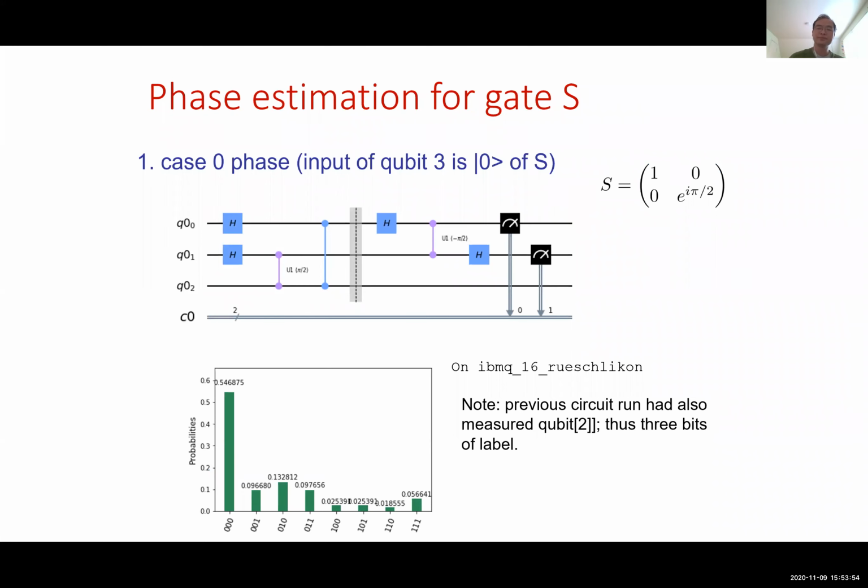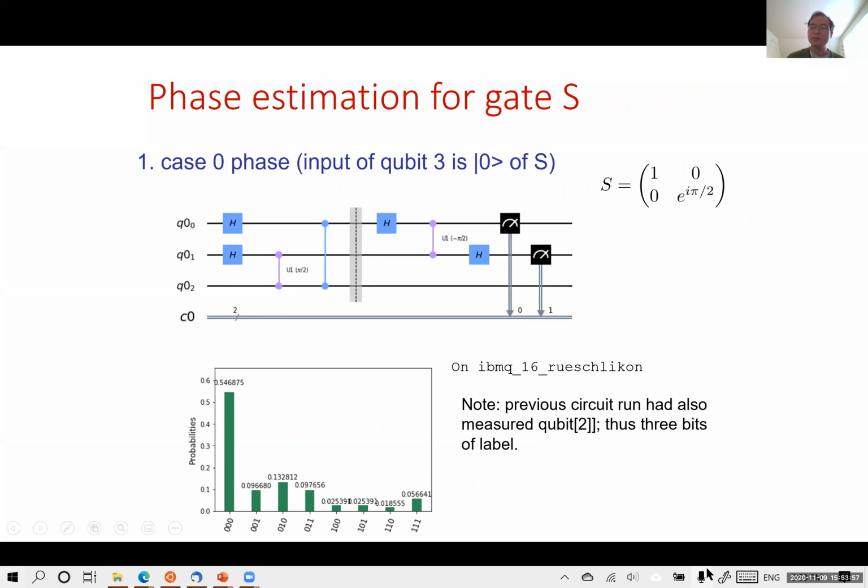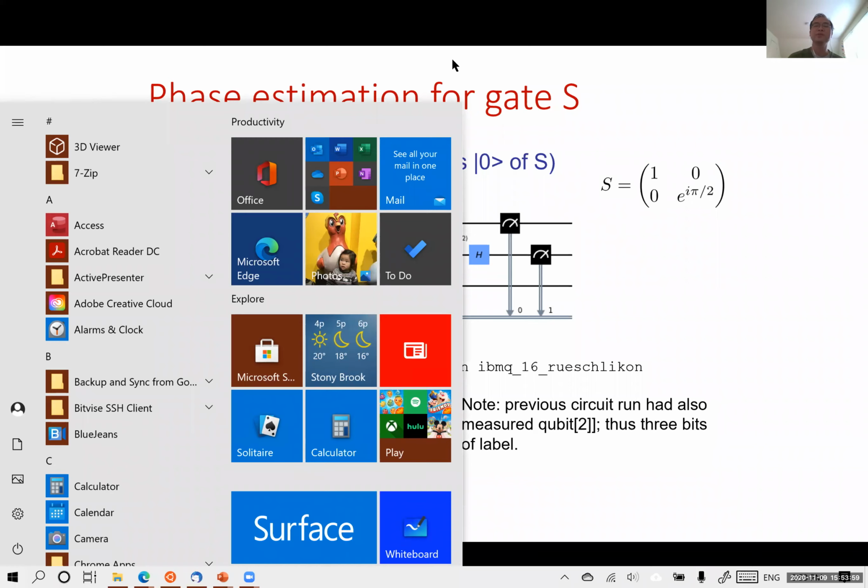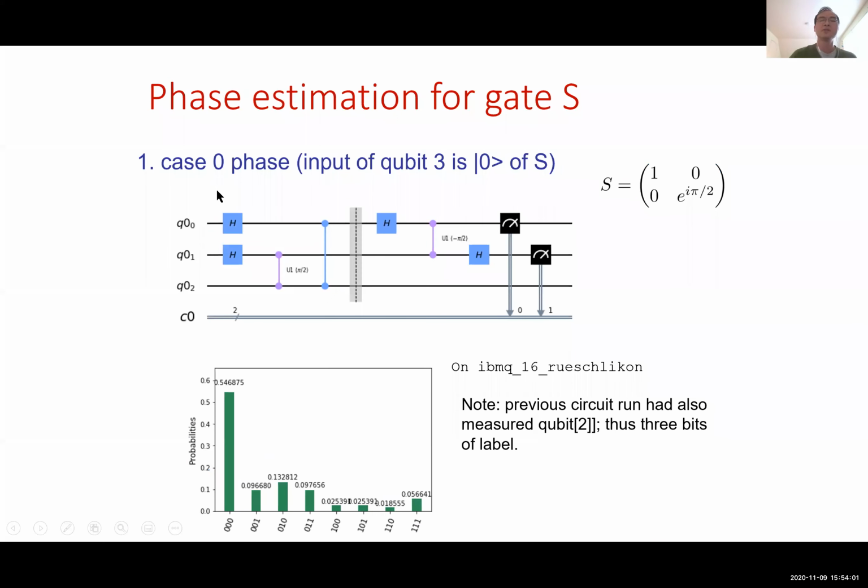Okay, so let's see how much time. We still have 7 minutes, but maybe let me give you a really simple example. If we want to measure the phase of S, if its eigenstate is 0, this is e to the 2 pi i times 0, but S applied to 1 is e to the 2 pi i times 1 over 4, right?